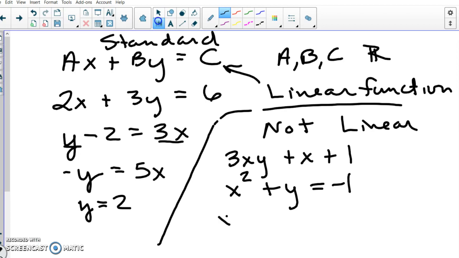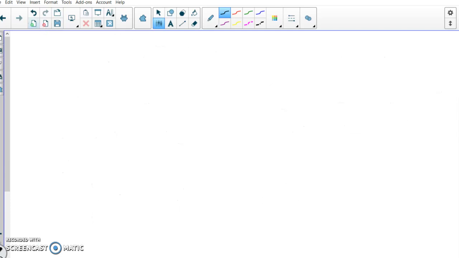And any time where we see x or y in the denominator of a fraction, these are not linear functions. So I'd like you to read through example 3 and do check it out 3a, b, and c, and come right back here and we will talk about those solutions.